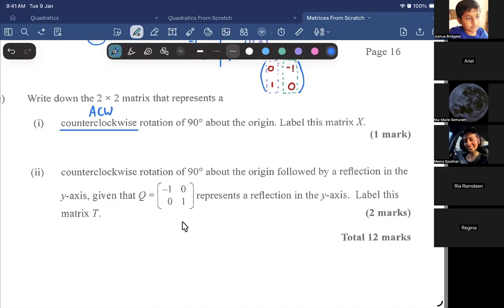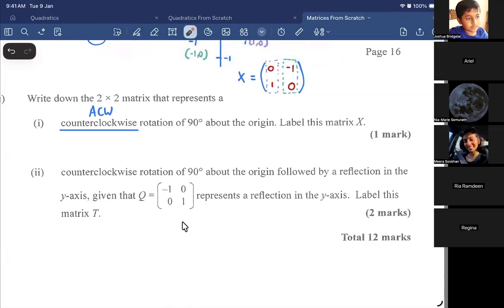In part 1, they wanted us to come up with the 2 by 2 matrix for the 90 degrees anti-clockwise rotation, and we're calling that X. That's X. And in part 2 now, they're saying counterclockwise rotation of 90 degrees. What's that?